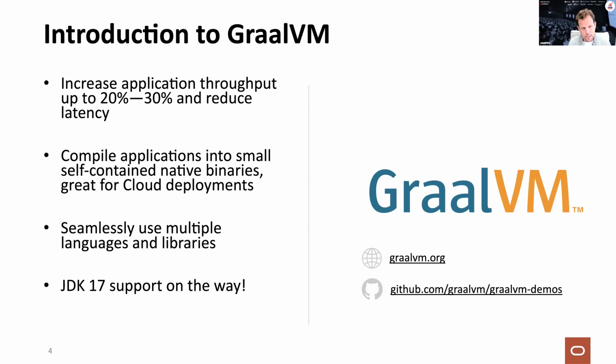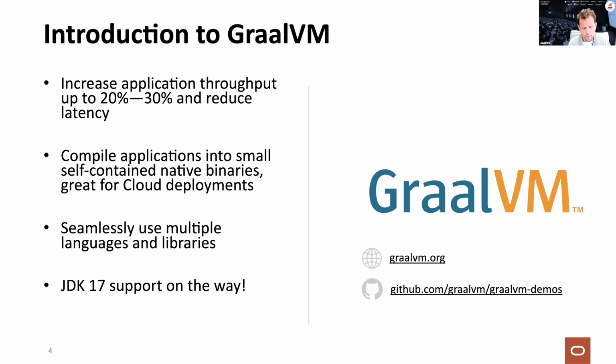This ability to turn applications into native images has really taken off for GraalVM, and Micronaut has great support for it because of Micronaut's elimination of things like reflection and dynamic class loading. It's much easier for GraalVM native image to perform the closed world static analysis that it needs to perform in order to produce a native binary.